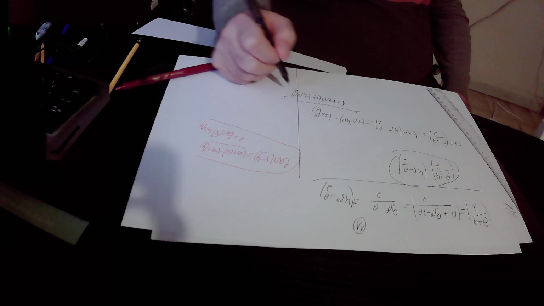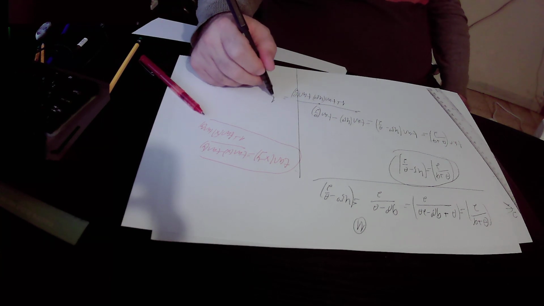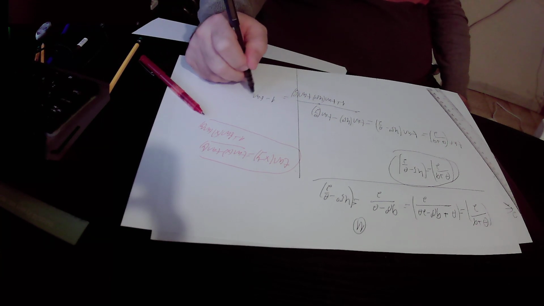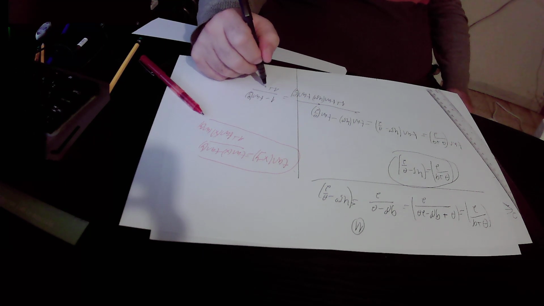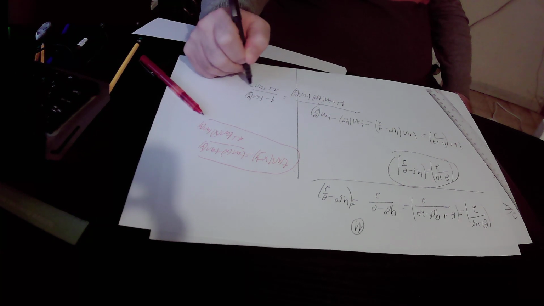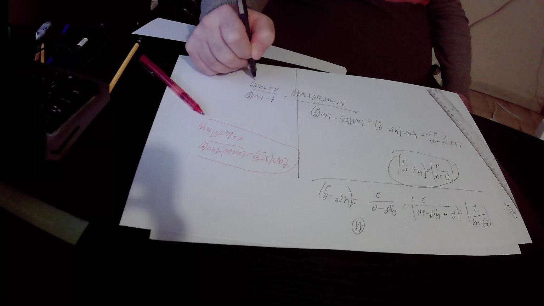So tangent 45 degrees is 1, minus tangent theta over 2 over 1 plus 1 times tangent theta over 2.